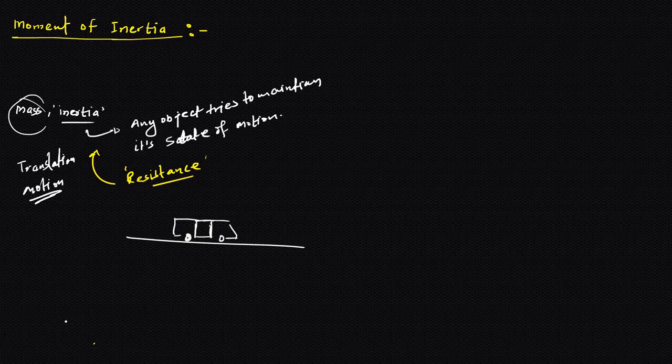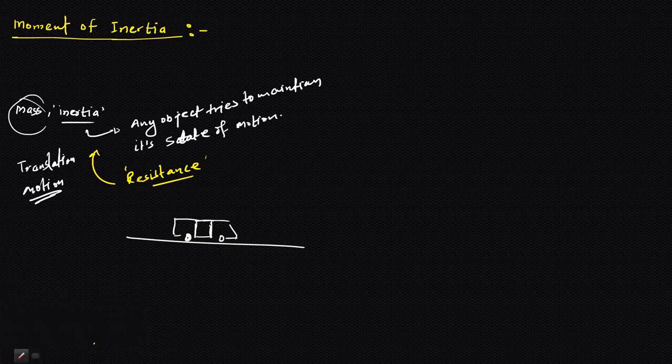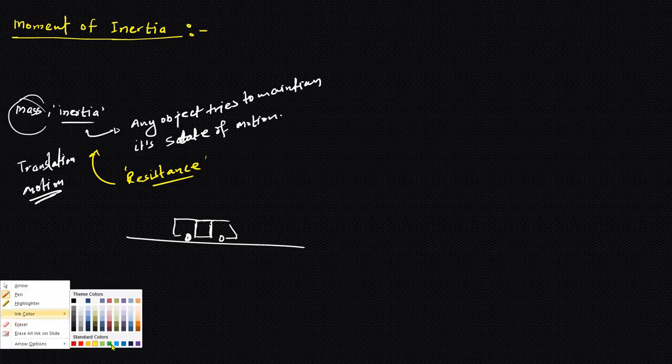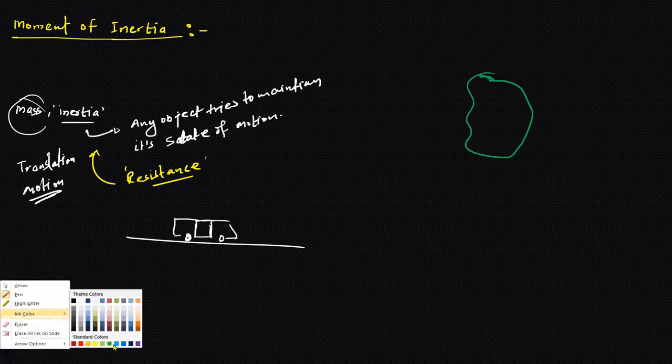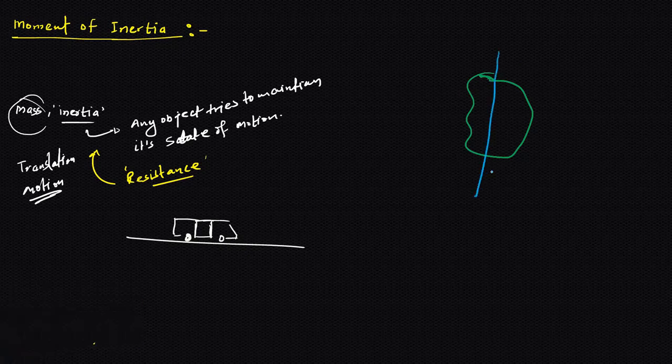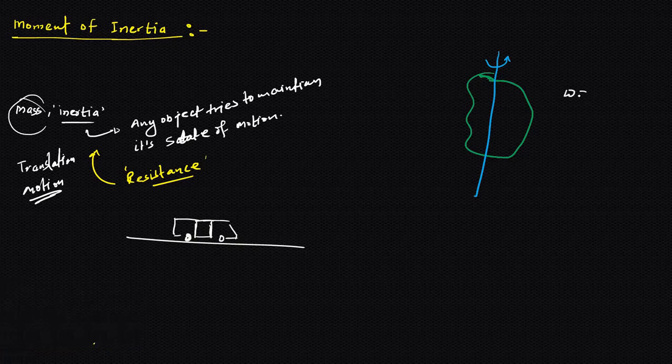Now, if we take another object, let's say this is our rigid body, because moment of inertia is connected to a rigid body, and this is the axis of rotation. It means we are going to rotate this object about this axis. Let's say initially it was not having any rotational motion, omega was zero.